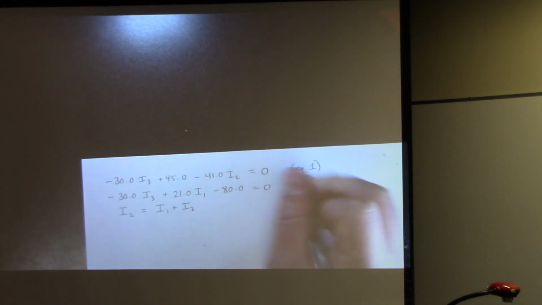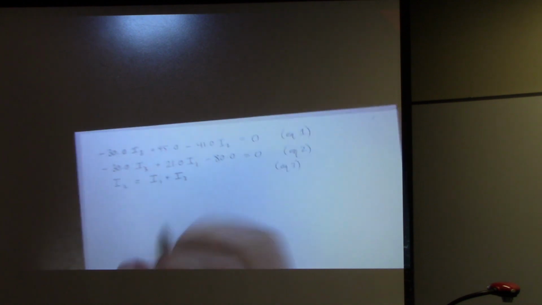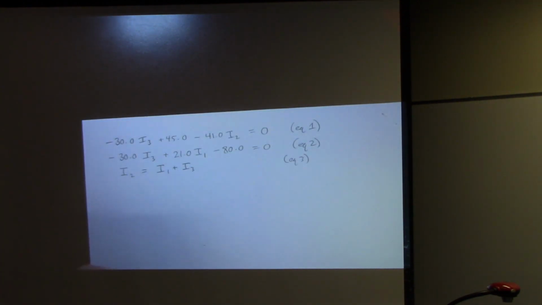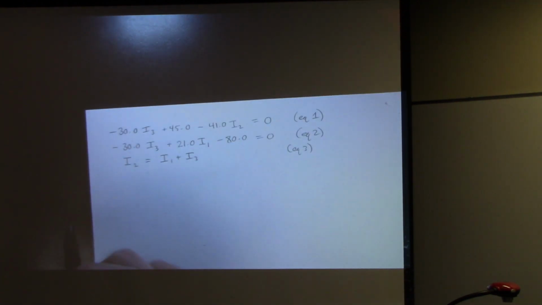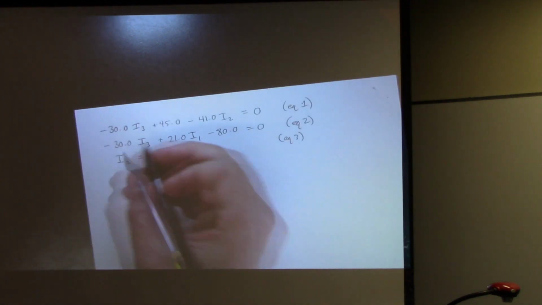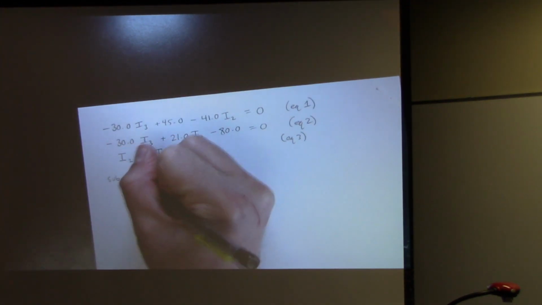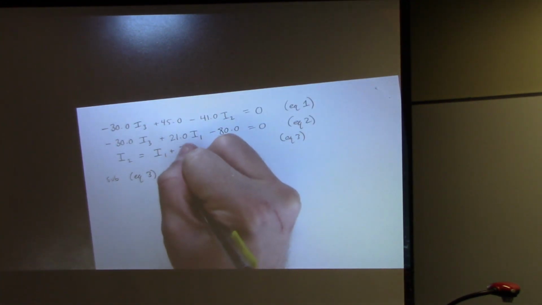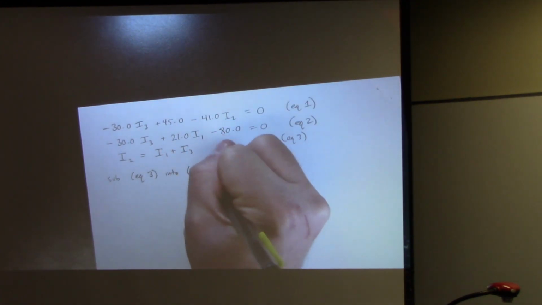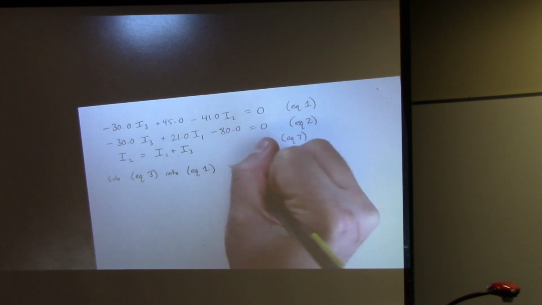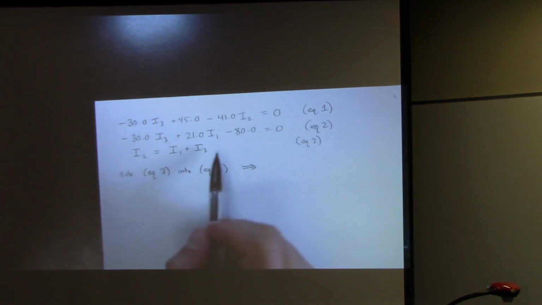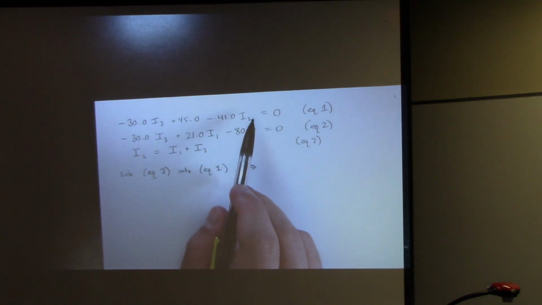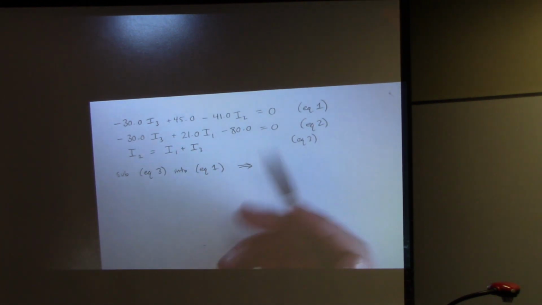Okay, those are the three equations. A lot of different ways we can go with this, but I'm just going to do whatever comes to mind first, which is how about we sub equation 3 into equation 1. In other words, equation 1 has an I2 in it, and what I'd like to do is eliminate the variable I2.